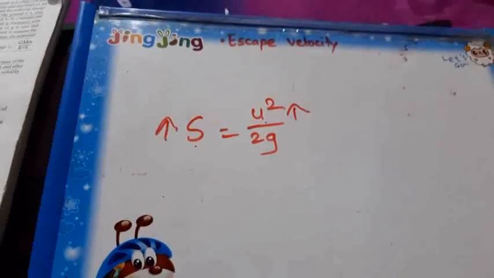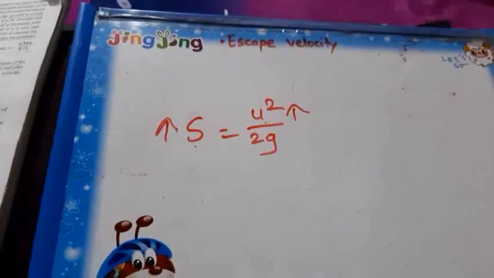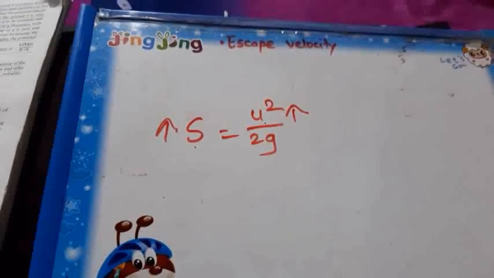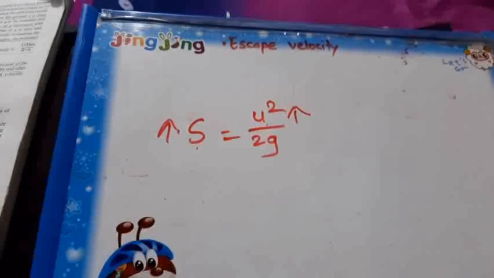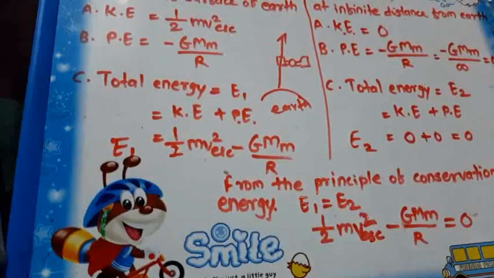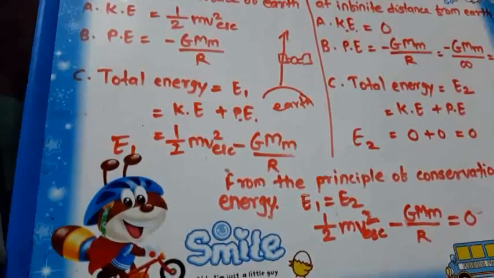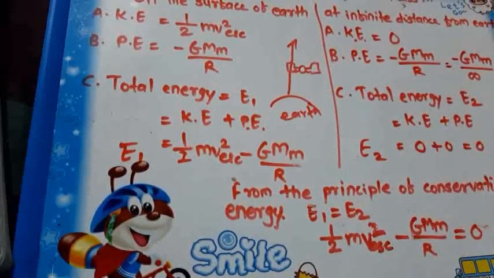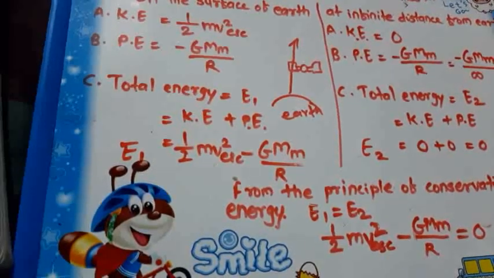If we keep increasing the initial velocity of ball, it will reach larger and larger heights, and above a particular value of initial velocity the ball is able to overcome the downward pull by the Earth, and so it can escape the Earth forever and will not fall back on the Earth. This velocity is called escape velocity. We can determine its value by using law of conservation of energy.